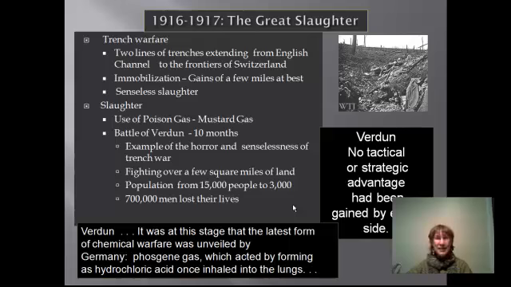It is really sad to look at that. An entire generation of young men disappeared because of that, and the military leaders refused to stop that. That was the worst part of that.